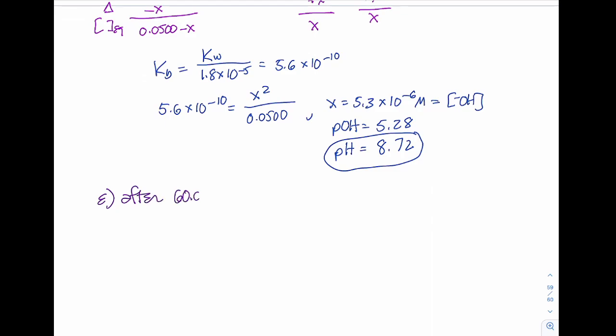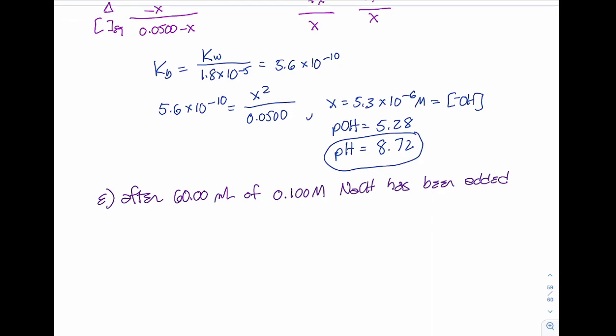After 60.00 milliliters of our 0.100 molar sodium hydroxide has been added. So same sort of steps. I'm always going to calculate the number of millimoles of base that I've added. I'm going to write my neutralization reaction.